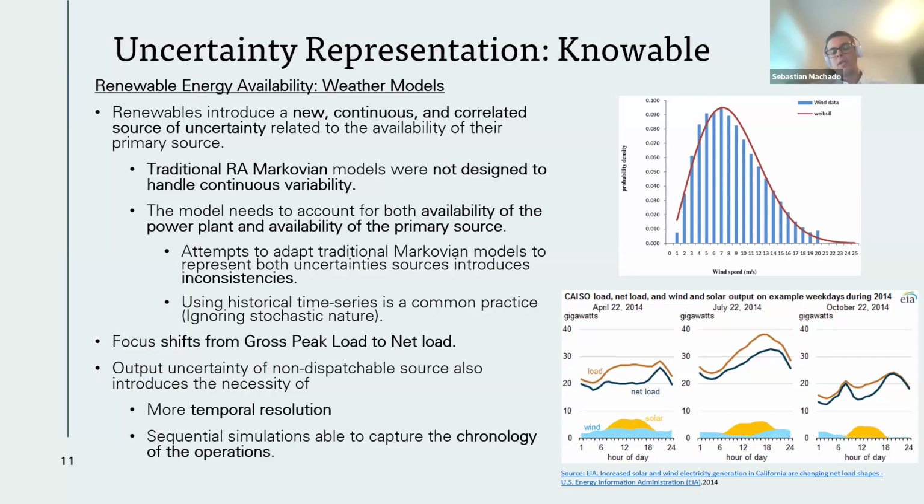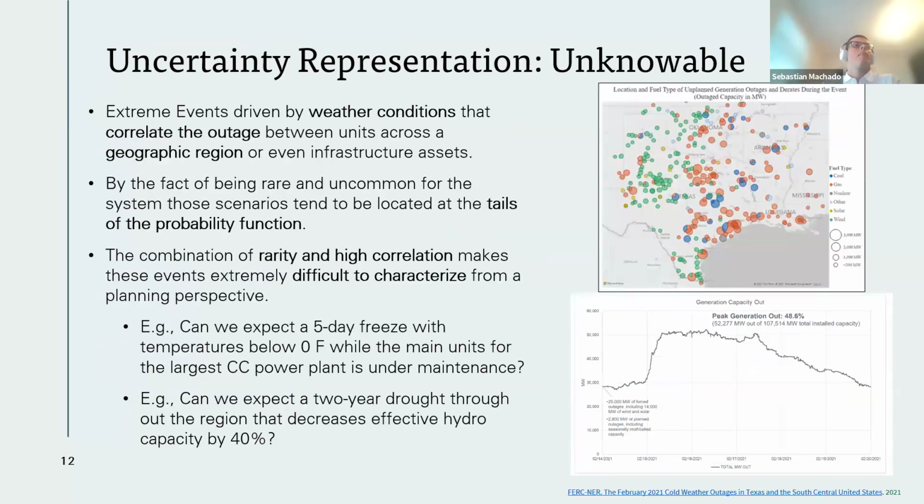And also, as we introduce storage devices, it is very important to capture the sequential operations of these devices. So it is very relevant to keep chronological simulations in resource adequacy studies. So going to the next slide, I pass over to Jose again.